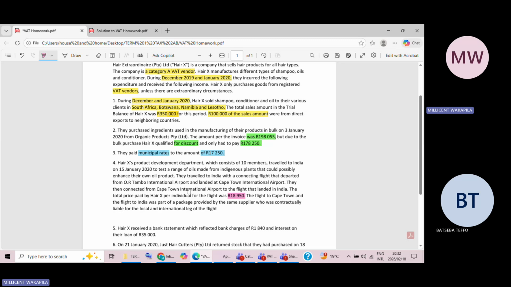So this is an international flight, right? Everything that I've been reading here all points to the fact that it is an international flight.